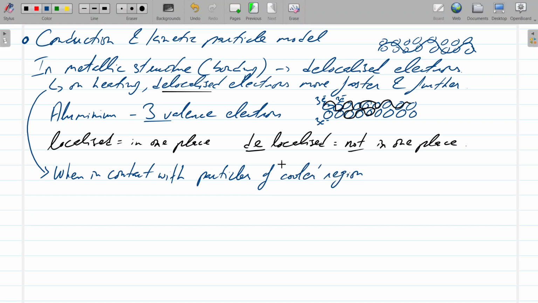Now, we're using the term cooler, which is comparative. If the end of this metal which is being heated is, for example, at 70 degrees centigrade, then the other end, which is at 50 degrees centigrade, might be hot, but it is cooler than 70 degrees centigrade. So we're using the comparative term.